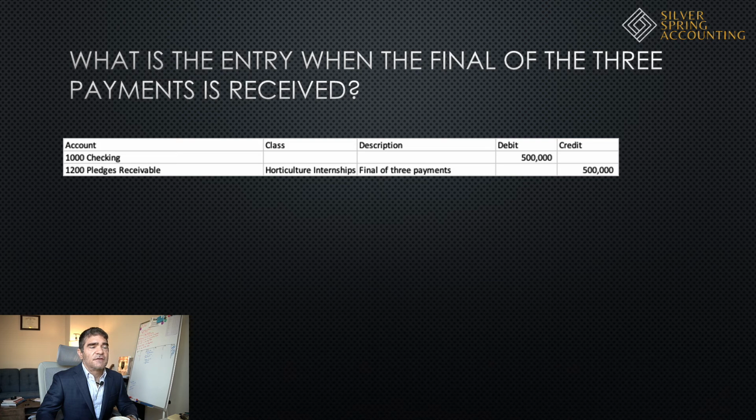I like to have a description, like in the first one, it said first of 3 payments. This one is the final of 3 payments. That way you know where you're at on that. You don't have to try and count them up. When you run a report, you'll see them easily.